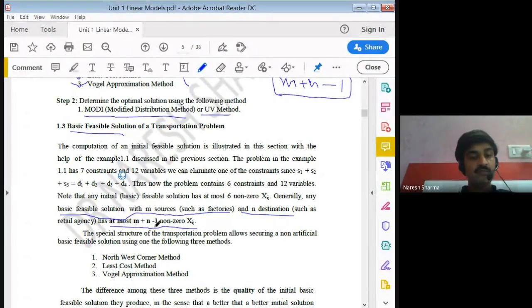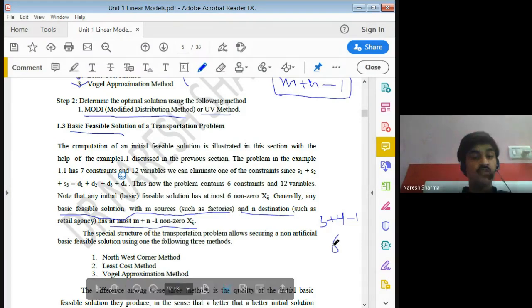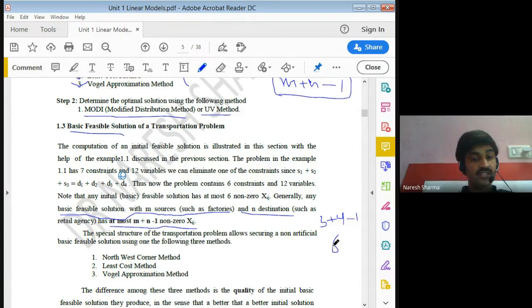That is the number of rows plus the number of columns minus 1. In the previous example we have 3 rows and 4 columns, so 3 plus 4 is 7, and minus 1 is 6. So the basic feasible solution contains only 6 variables.